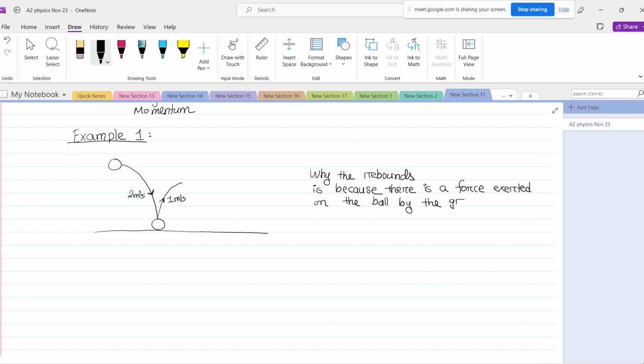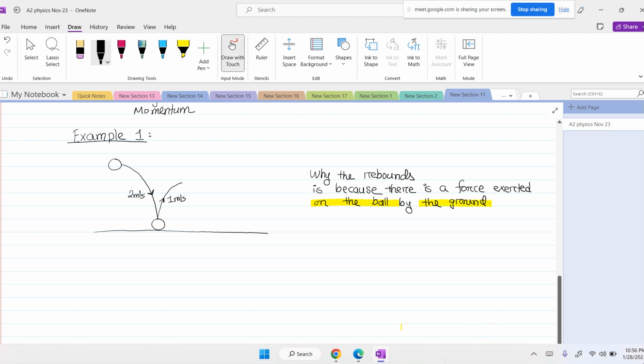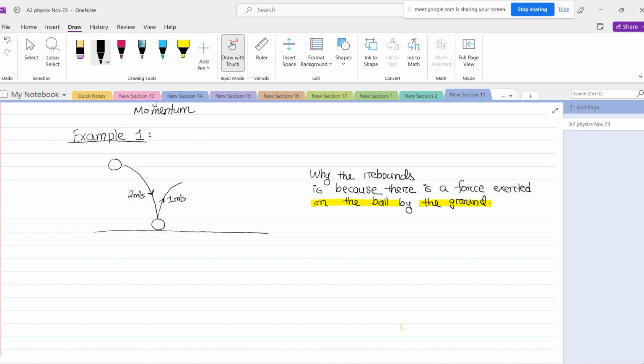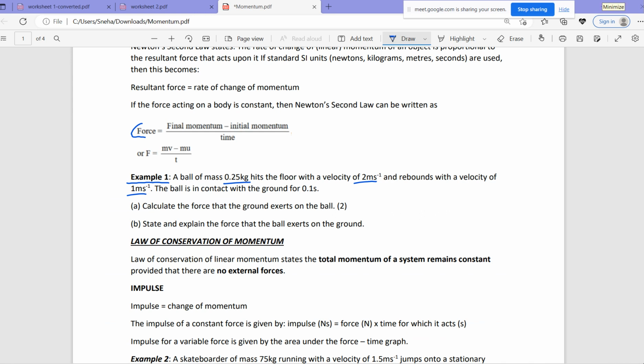I wrote it down over here because I will need this explanation again for the next part of the question. So the ball experiences that force from the ground. If you are to calculate, what the question asked you about is to calculate the force that the ground exerts on the ball, right? You have to calculate the force that the ground was exerting on the ball.